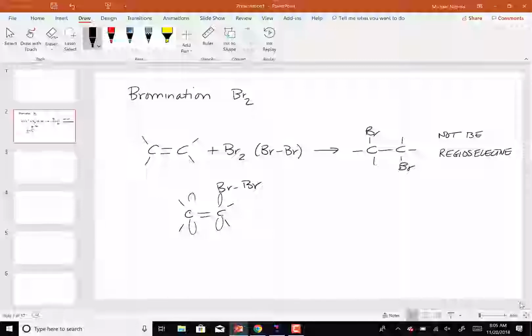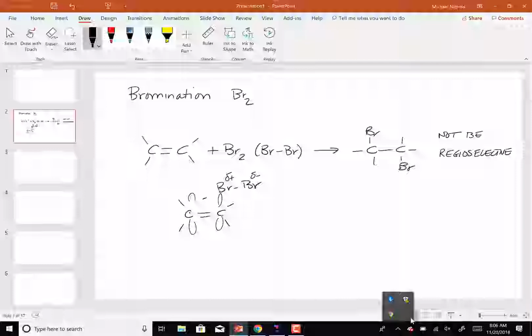You have clouds of electrons that make up the pi bond, and when the first bromine gets close to it, it becomes delta positive, and the other bromine then becomes delta negative. But that's only under the influence of that pi bond.